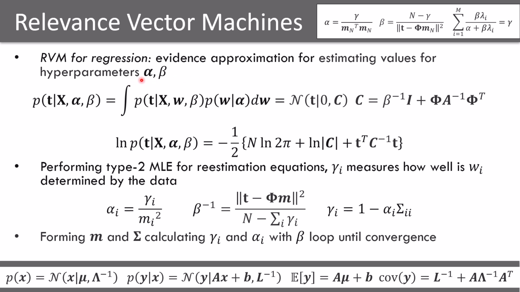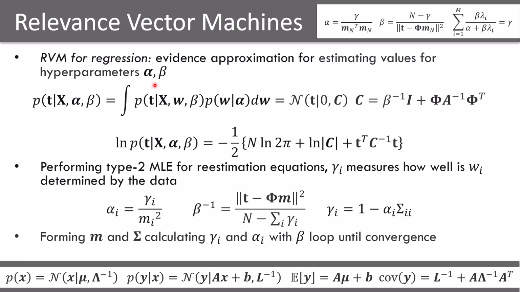The question is, what values should we put for this alpha and beta? The answer is that we can find it out by the evidence approximation, using maximum likelihood estimation of type 2 on the marginal likelihood, or evidence, in order to find pointwise estimates for the vector alpha and for beta.